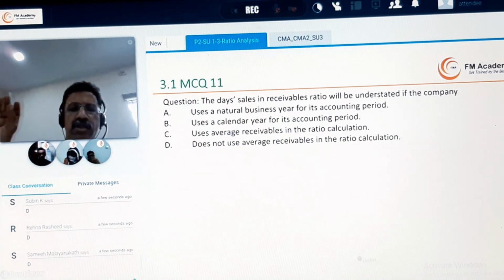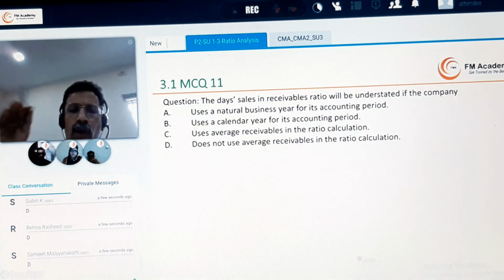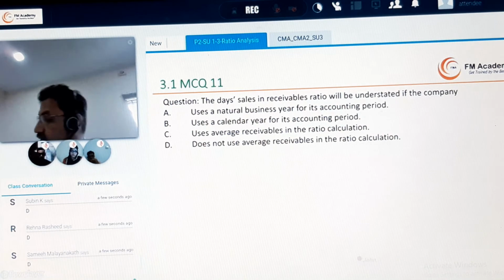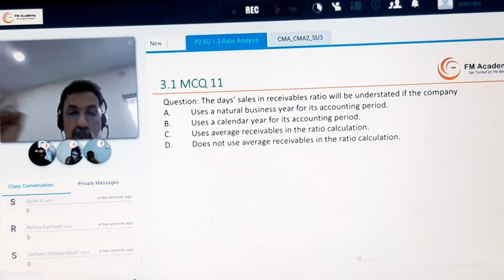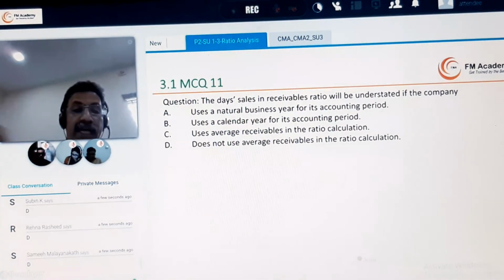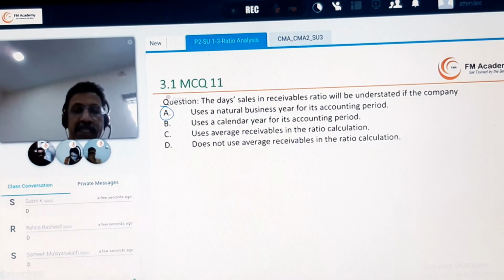Definitely, because if you take the natural business year, that's a lean period. So you will be having the lowest amount of receivable, lowest amount of inventory. That's what is called natural business year. So that is the correct assumption. But don't stop there. Let's read the other choices. A is the answer, but let's read the other choices.